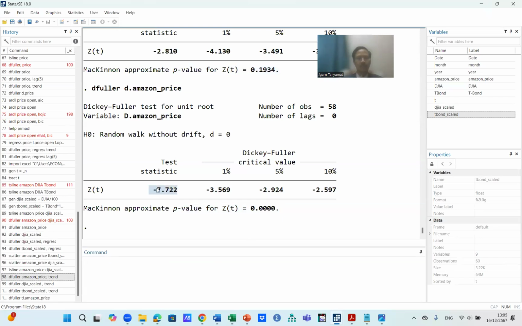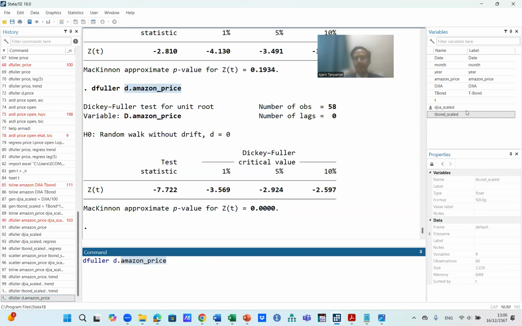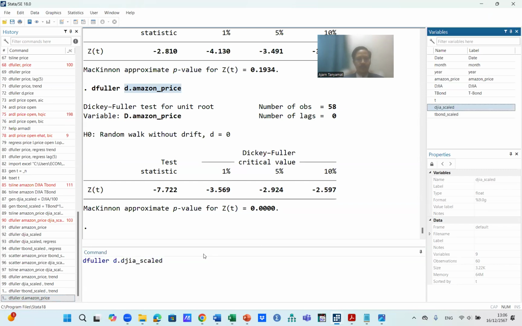Dfuller test statistic, a lot bigger in magnitude than the 1% significance critical value. So this is highly significant. We reject the null of non-stationarity. So in this case, the first difference of Amazon price is stationary. Okay, do the same for DJIA.